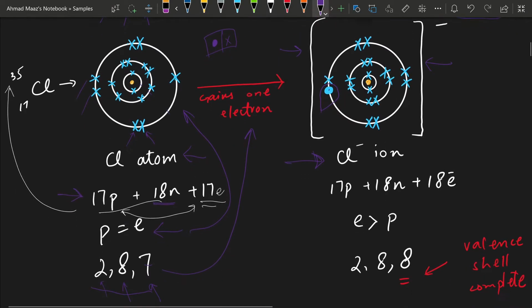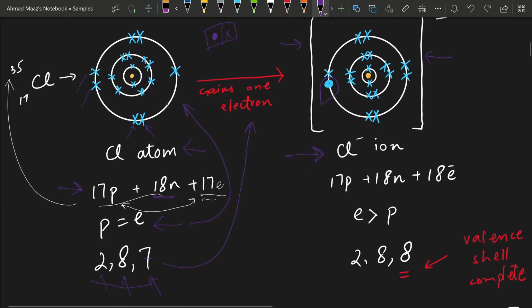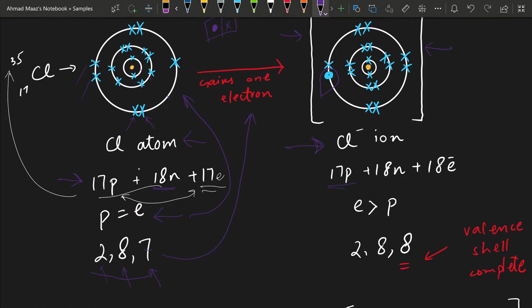Now this one electron is added, and the number of protons is same, the number of neutrons is same, and the number of electrons has increased from 17 to 18. Initially, there were 17 electrons, now there are 18 because one more electron has entered into the valence shell of chlorine atom.